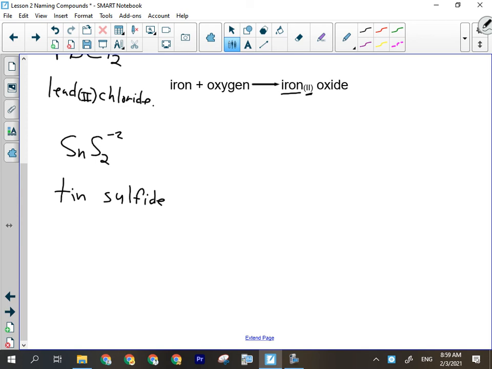So how many negative charges do I have in total? 4. I only have 1 tin atom here, so it must have a charge of +4. That's the only way that this compound comes out to 0. So this is tin 4 sulfide.